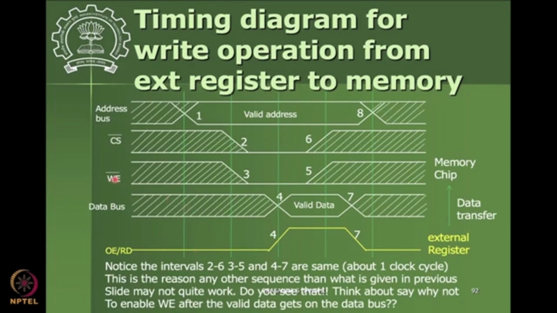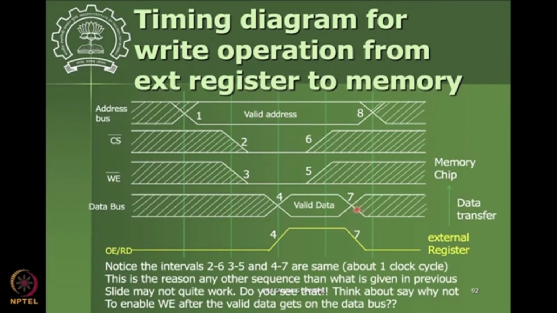Then you need to see that this chip select and this address bus are inputs only. This is what we are giving as inputs, and only whatever is available on the data bus is output, because we are assuming the data bus is connected to the external register, and when the external register's output enable is made high, the valid data is available on the data bus.